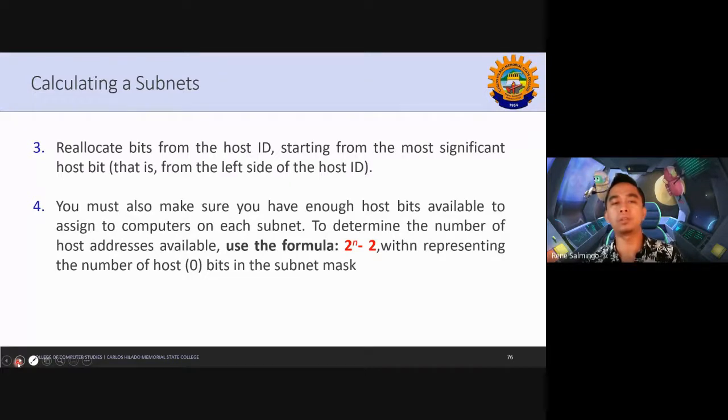You must also make sure you have enough host bits available to assign to computers on each subnet. To determine the number of host addresses, you use this formula: 2 to the n minus 2, with n representing the number of 0 bits in the subnet mask.